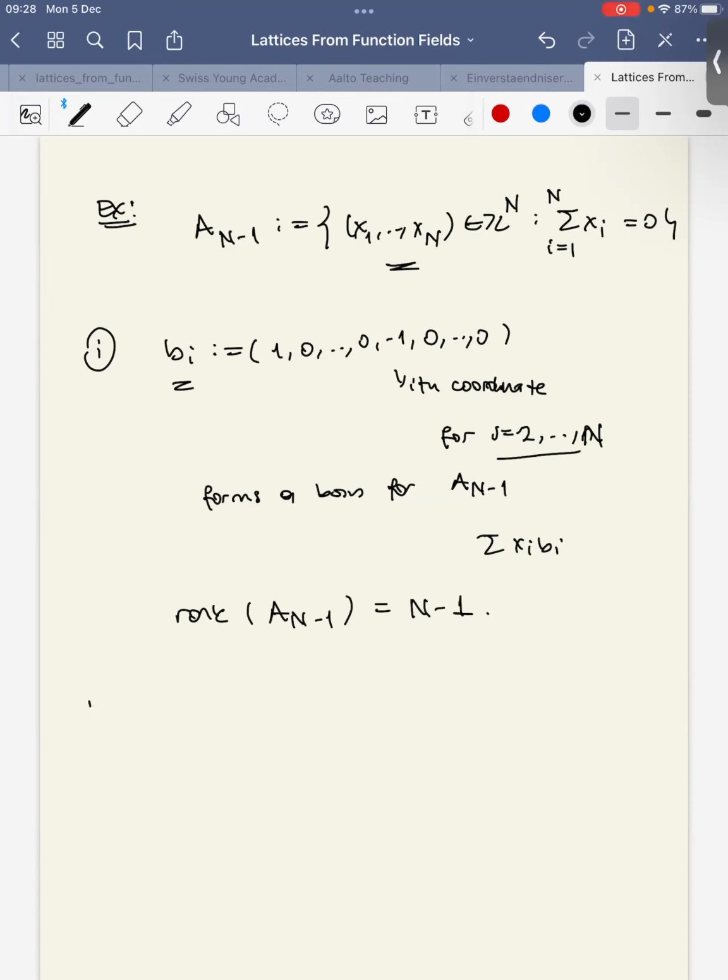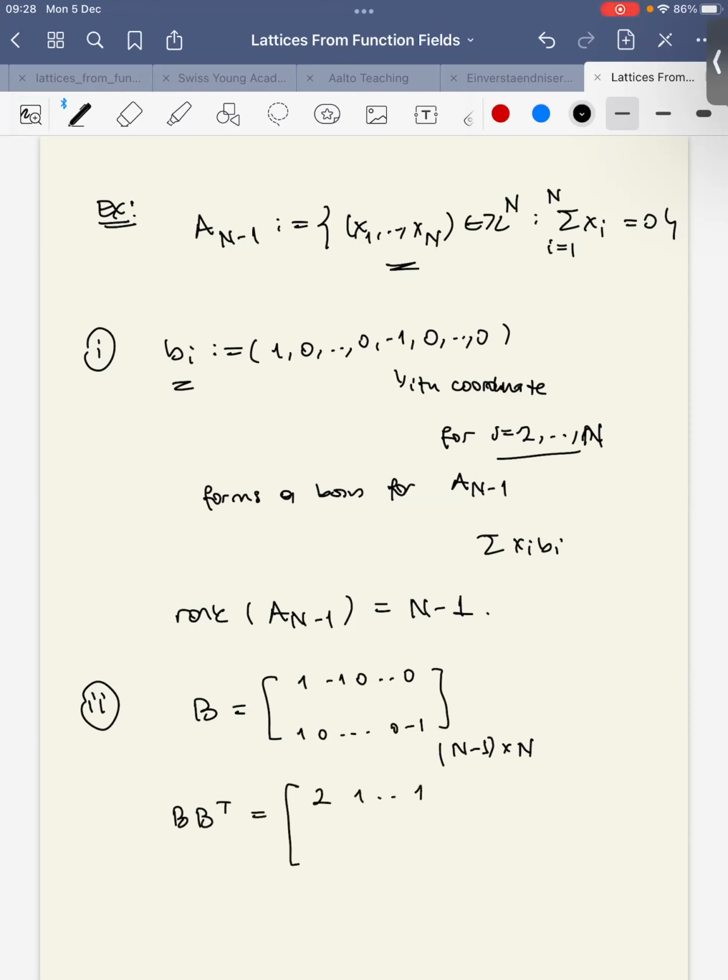And we can consider the basis matrix. This is going to be an (n-1) times n matrix. And B times B transpose can be computed as the matrix with entries 2 and 1. This is going to be a symmetric matrix with diagonal entries 2, and the other entries are 1.